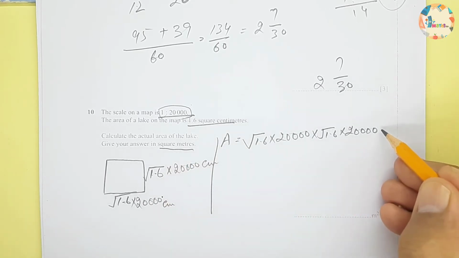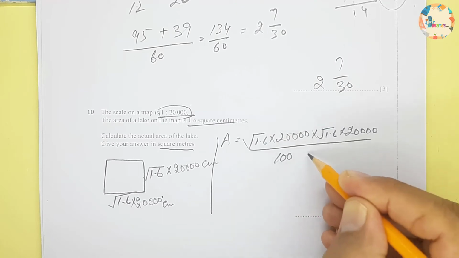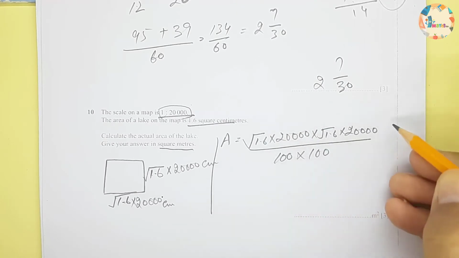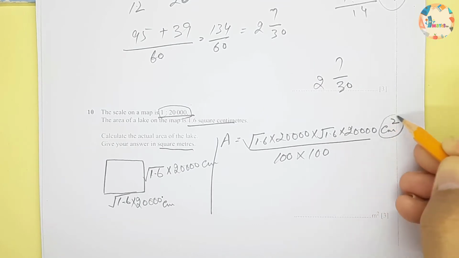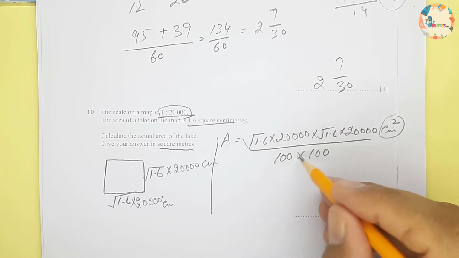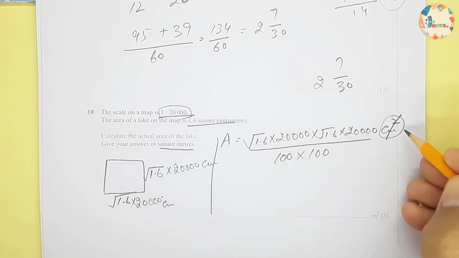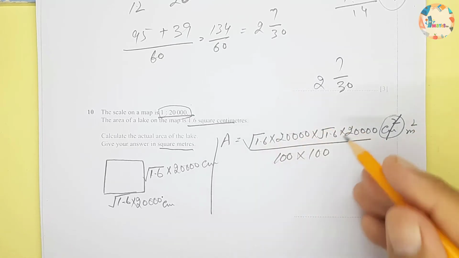So this is centimeter square. To convert into meter square, we will divide by 100 and 100. To convert each centimeter, we will be dividing by 100. So now this is not centimeter square, this is meter square. Now we will simplify this.